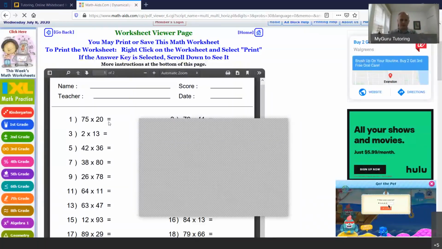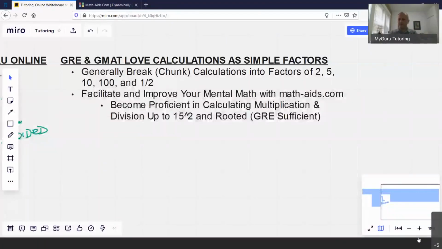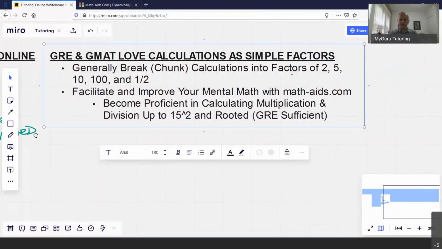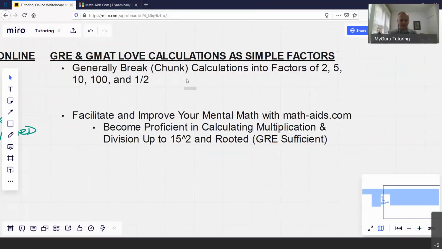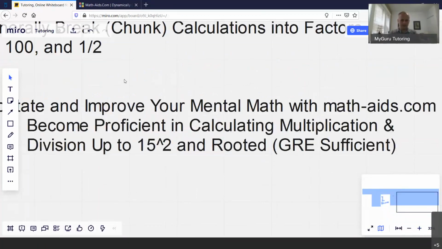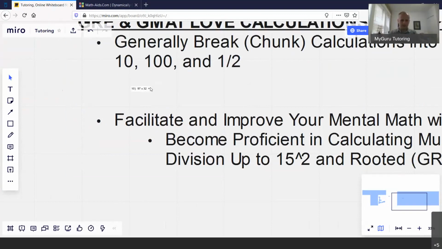So the way that you want to work through the calculation here is to break it into parts. So what that means is let's just give ourselves a little bit of room here and bring in that practice problem, and I'll have to zoom in a little bit. So where did my problem go? There he is. And so we'll make this bigger so that we can see it.